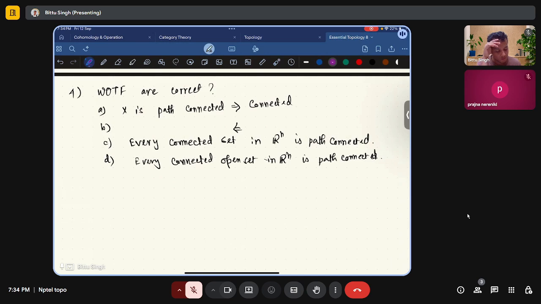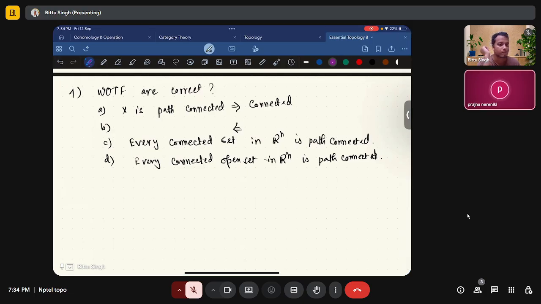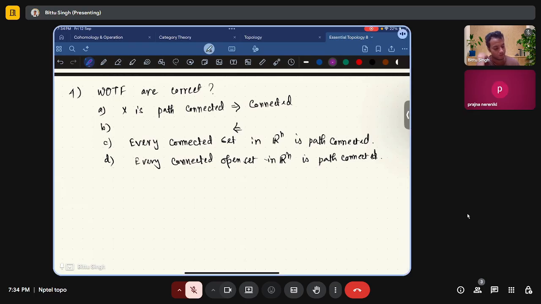So which of the following are correct? X is path connected implies X is connected. Is it true? Path connected implies connected. Yes, this was discussed. So this is actually true.